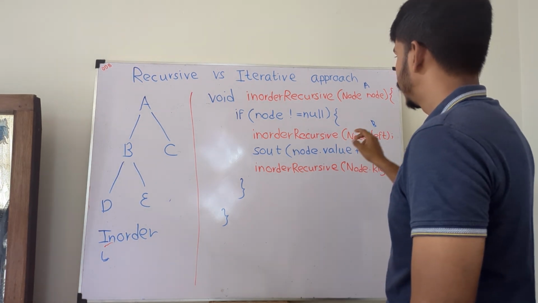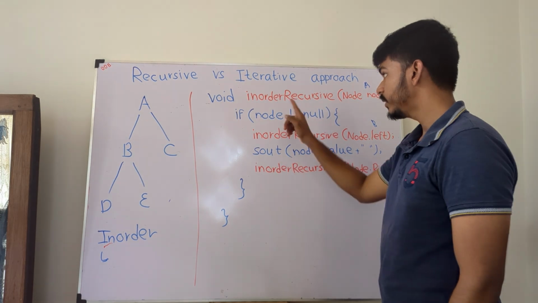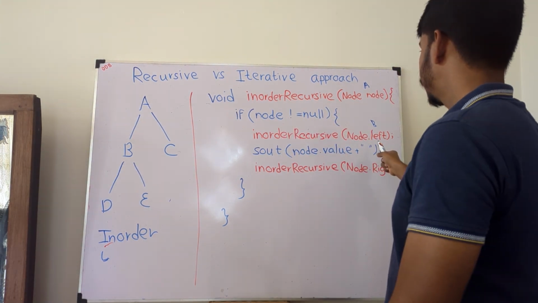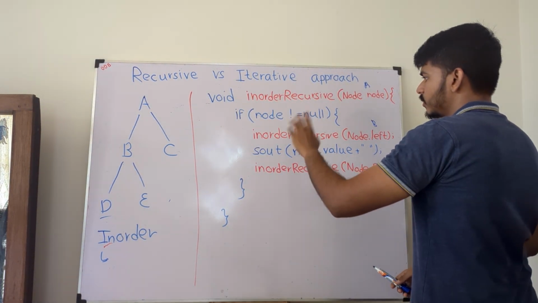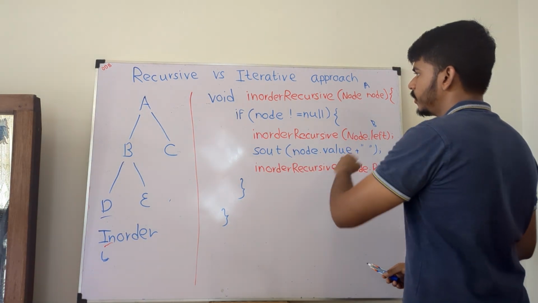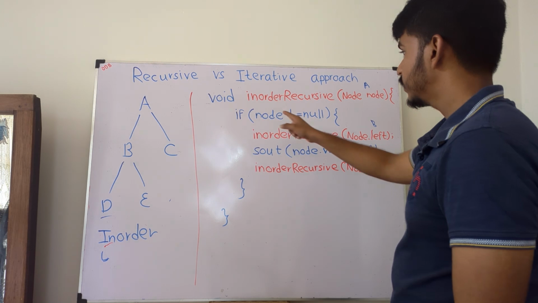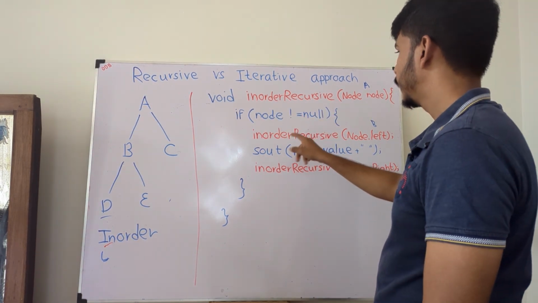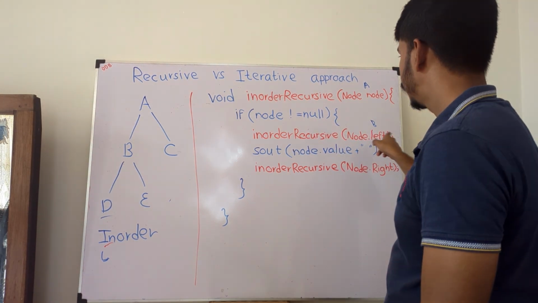In this function, here it checks whether B is null or not. It is not null. It is going to go to that node's left child again, which is D. So that D is going to be again taken into the same function. Checks whether D is null. It is not null. Then going to D's left child, node.left.